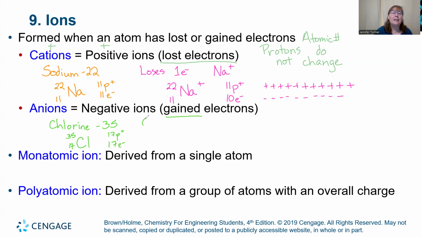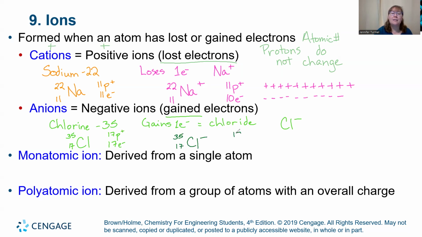Now, chlorine gains one electron, and this is really interesting. When it gains one electron, it becomes chloride. We don't actually change the name for cations, but we do for anions. And it'll be a Cl minus. So if we were going to do this for chloride, we would have Cl minus now, and 35 and 17.